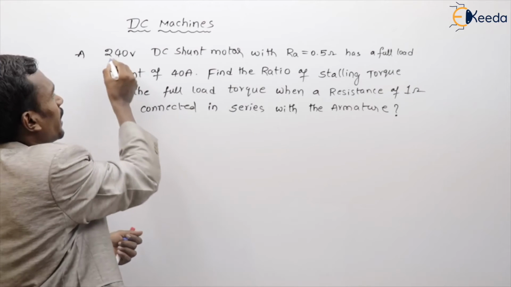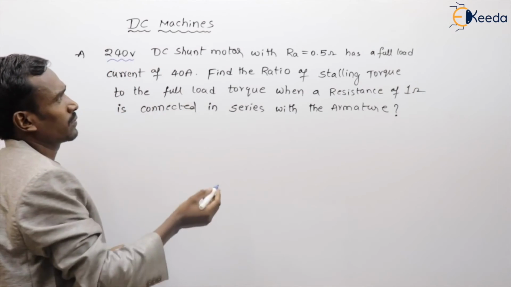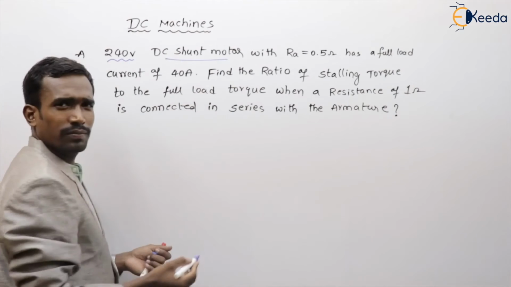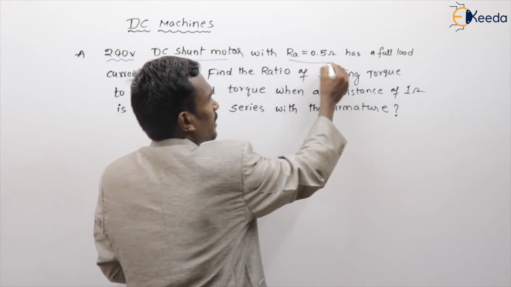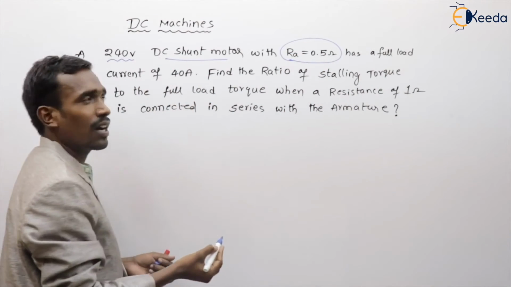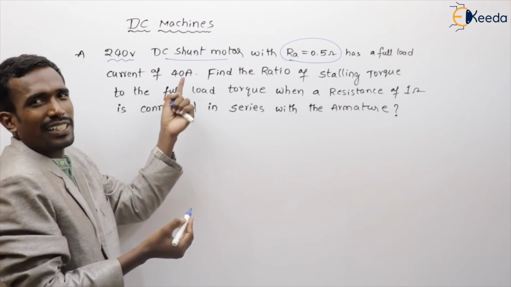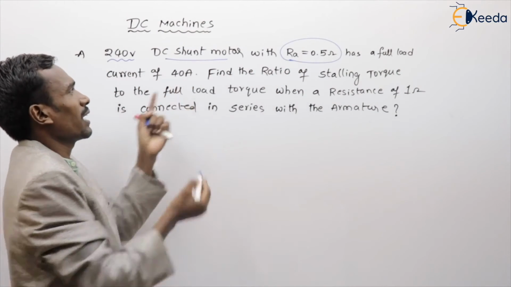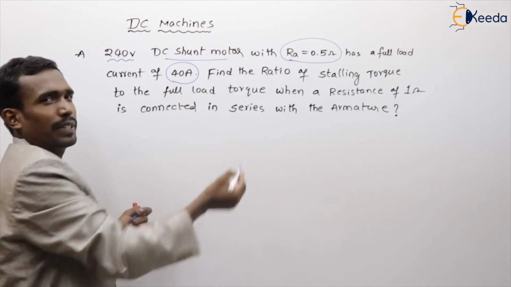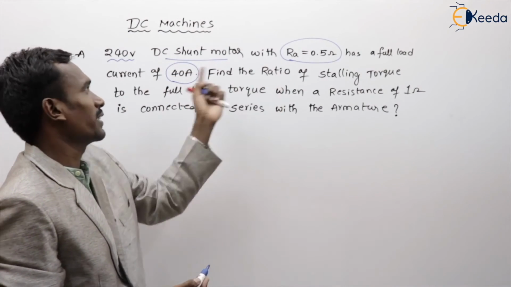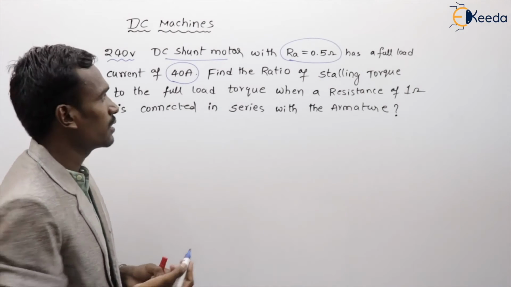A 240 volts DC shunt motor has an armature resistance of 0.5 ohms and a full load armature current of 40 amperes.